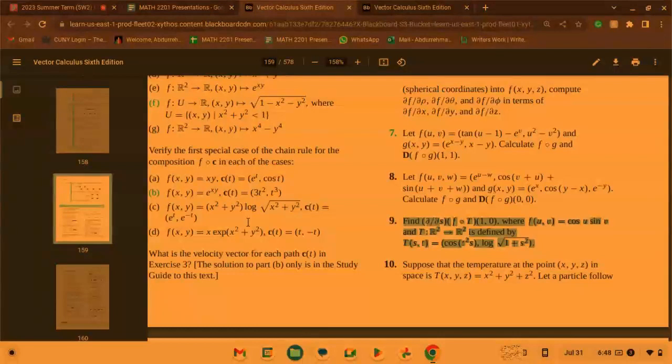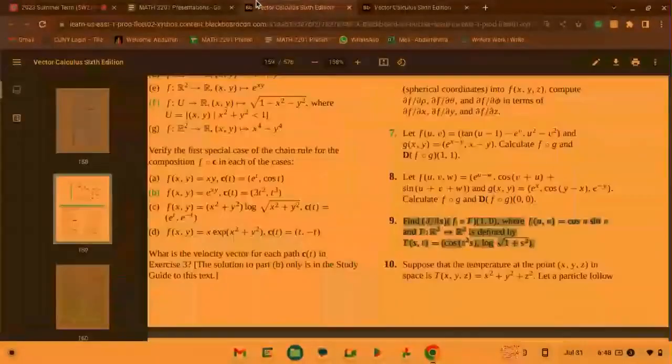Something's going wrong with your screen. You don't see it? It's okay, I can share my screen. Oh, it's back. You see it now? Okay, there we go.